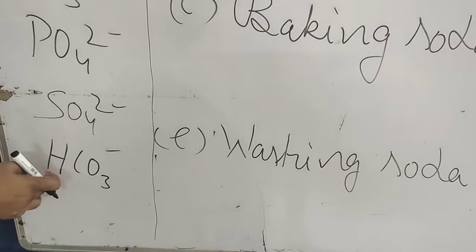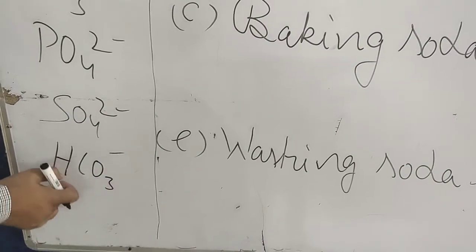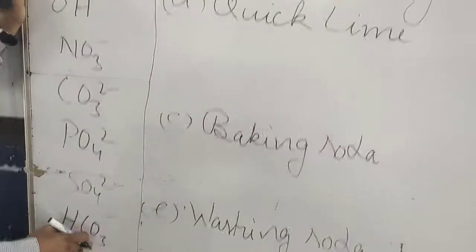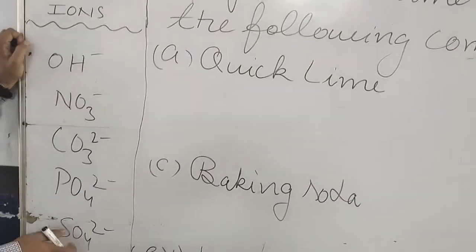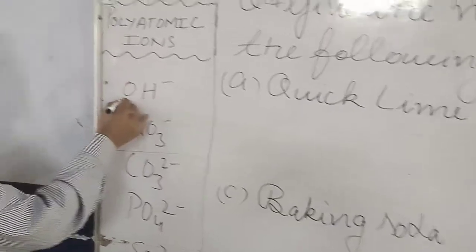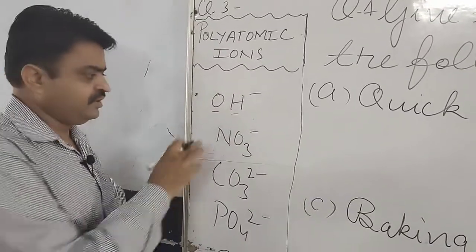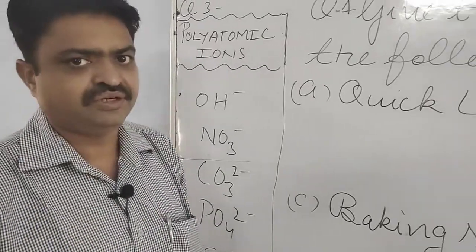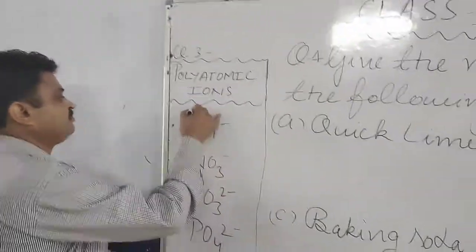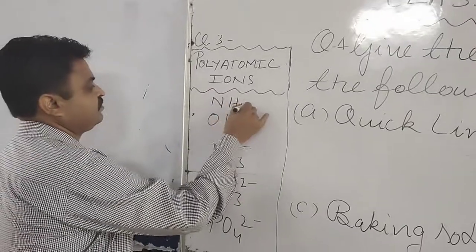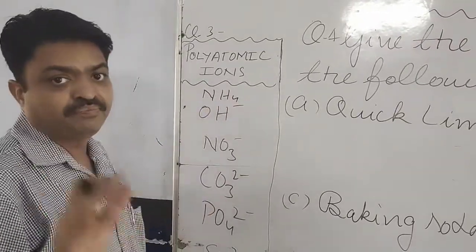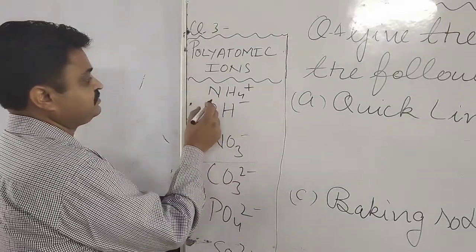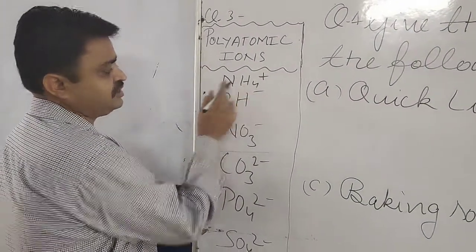It is the hydrogen carbonate ion and it contains hydrogen, carbon and oxygen atoms. So what are these? These are atoms. Like this, there is one important polyatomic ion student and it is known as ammonium. NH4, but it has the positive charge, and it contains nitrogen and hydrogen atoms.